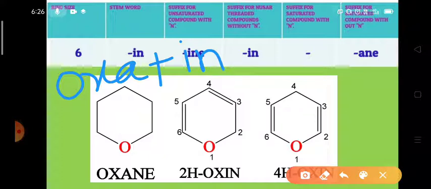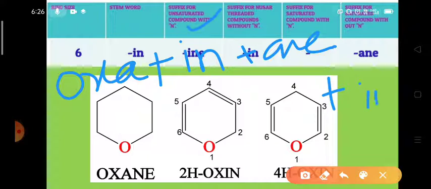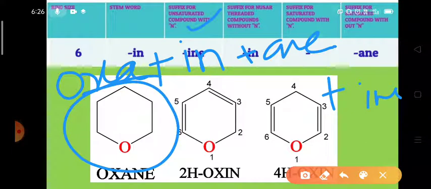And for the saturated one, we have to use ane. And for the unsaturated one, without nitrogen atom, we have to use ine. So now it becomes oxa plus in plus ane, oxinane. Oxinane.